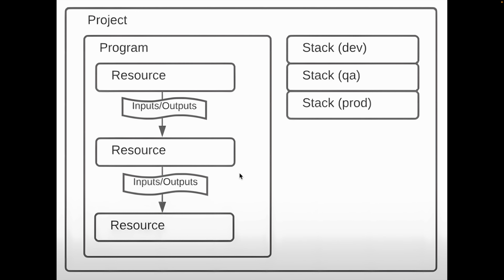The infrastructure is characterized by Pulumi resources. An example of a Pulumi resource is an AWS S3 bucket. Such resources have both inputs and outputs. For instance, specifying a bucket's name would be an input, while the bucket's Amazon resource name, or ARN, would be an output.